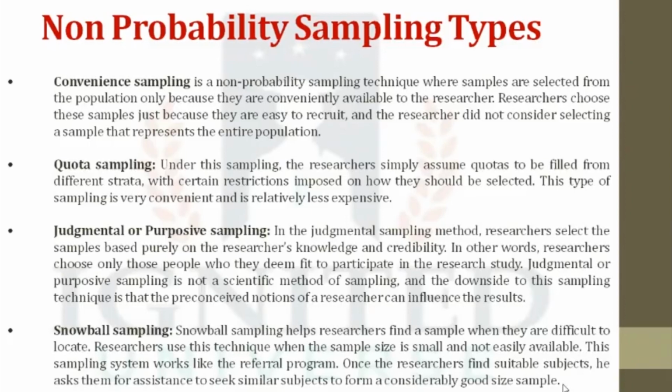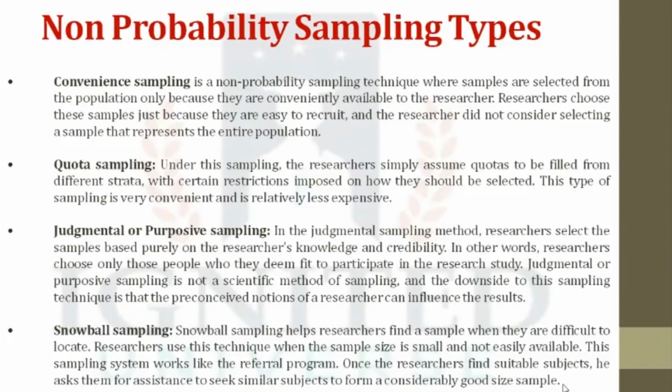In that case, a researcher may call a person who is currently using the brand in order to seek a referral from him of prospective customers. So, once the researcher finds suitable objects, he or she may then ask them for assistance to seek similar objects to form a considerably good sample size.